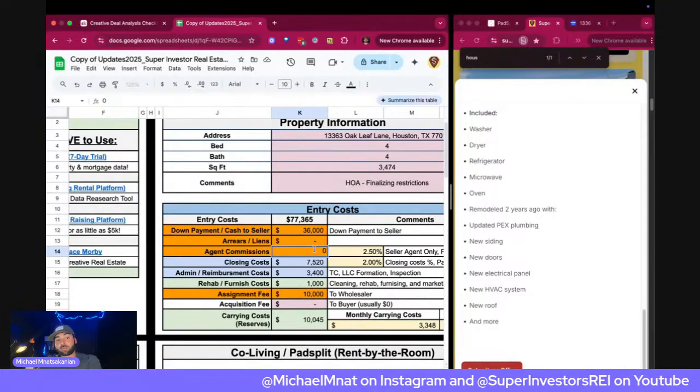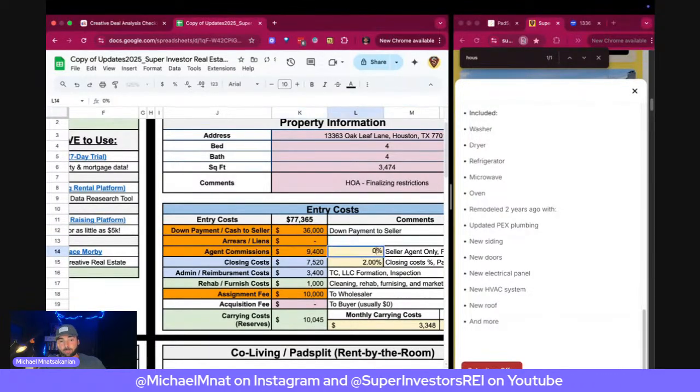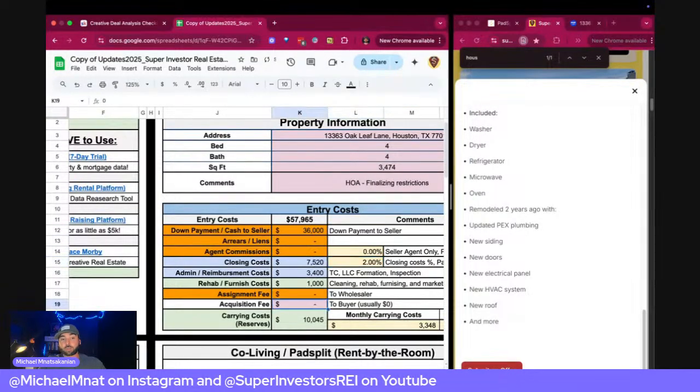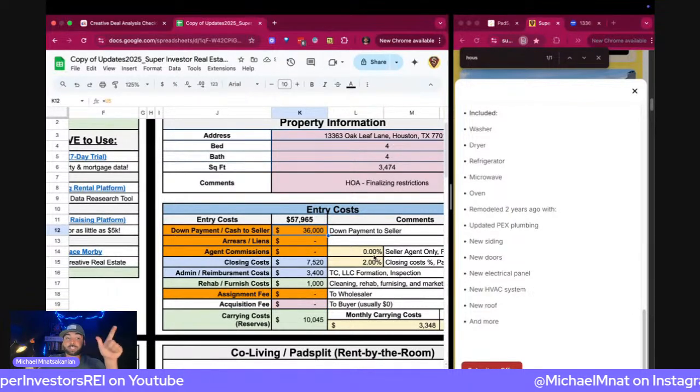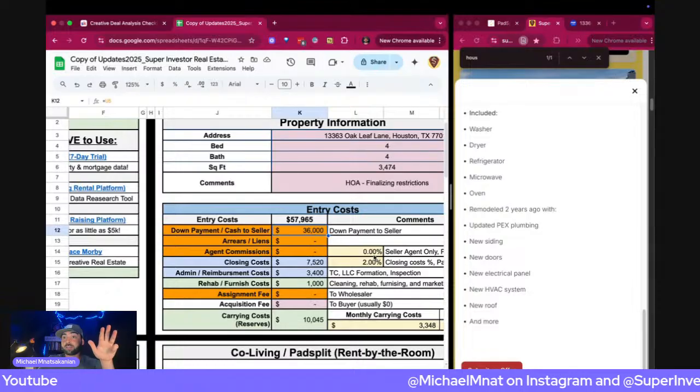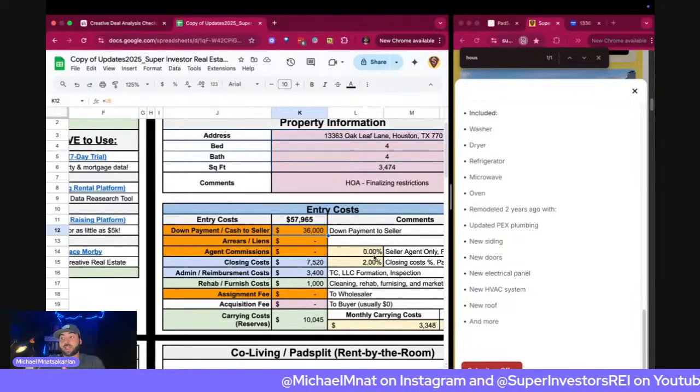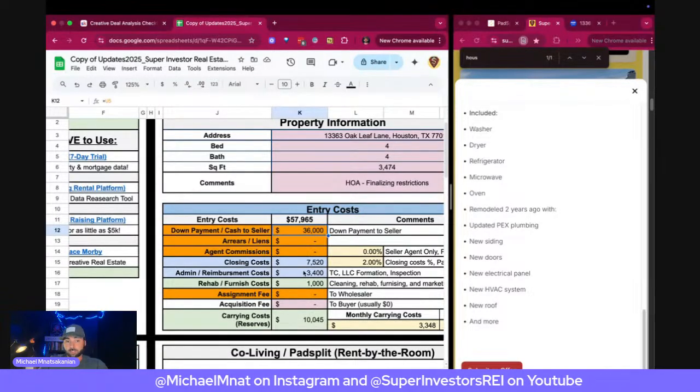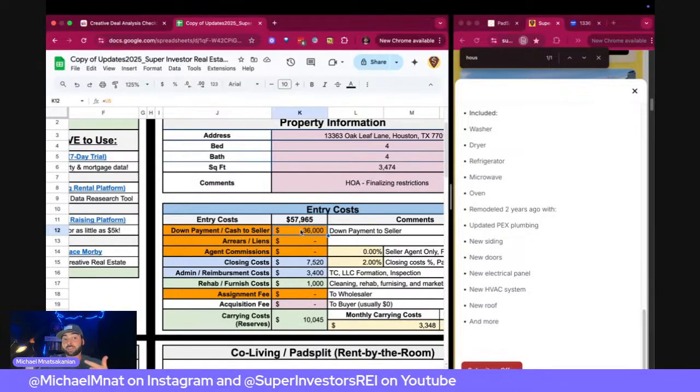We're going to zero out the agent commission portion and the assignment fee to the wholesaler, because this 36,000 includes the amount to the seller, agent, arrears, assignment fee, right? We just don't know how it's broken down yet until we can ask the wholesaler that info. But either way, for analysis, we already know that's there.